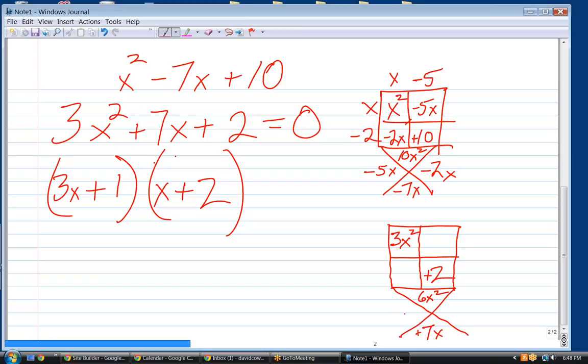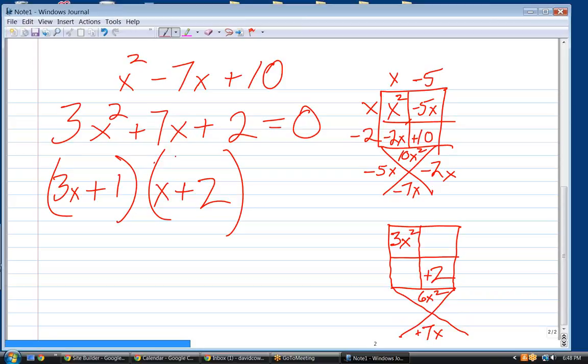So whatever I put here and here has to add to 7x. When you multiply them, they have to give you 6x squared, but when I add them, they got to give me 7x.